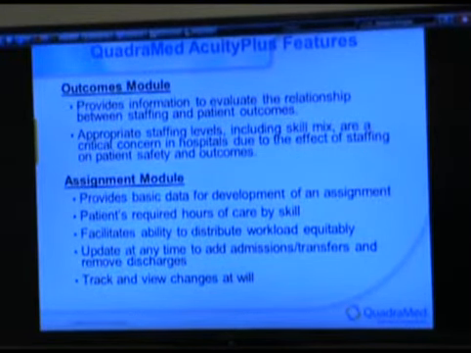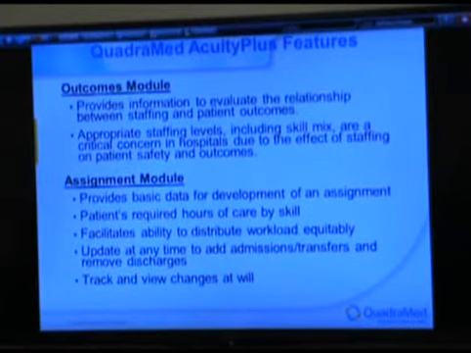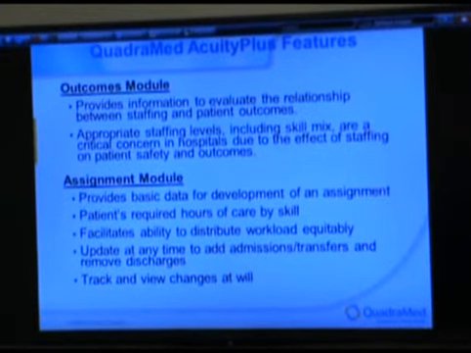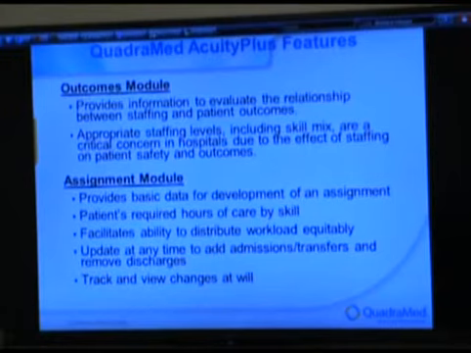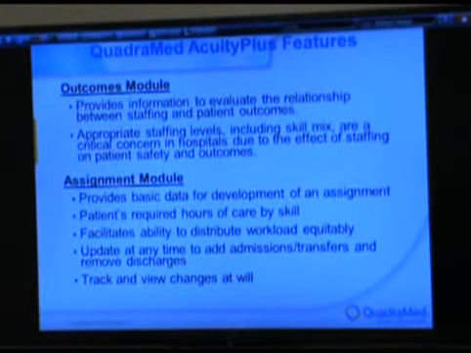Is the workload of every patient the same? No. So what you might find is that a balanced assignment for one nurse might be 3 patients, and a balanced assignment for another would be 4 or 5, depending on the acuity and the workload of those patients.